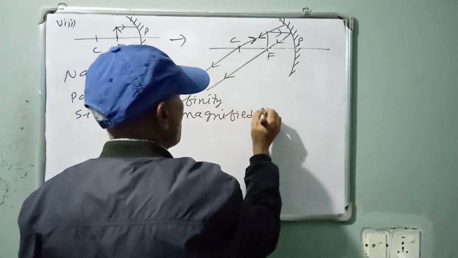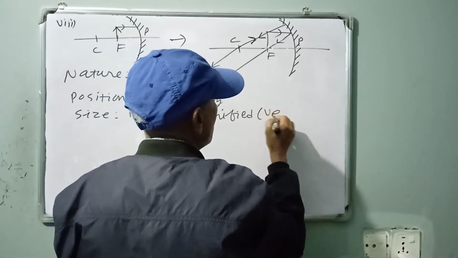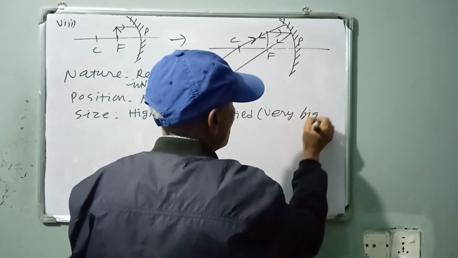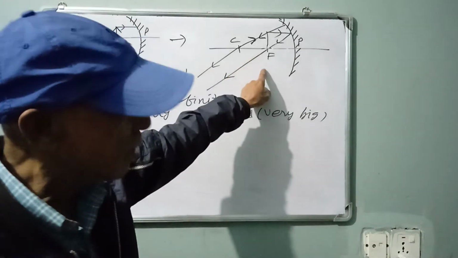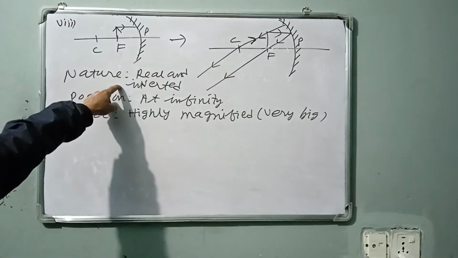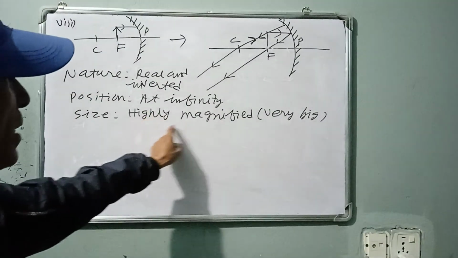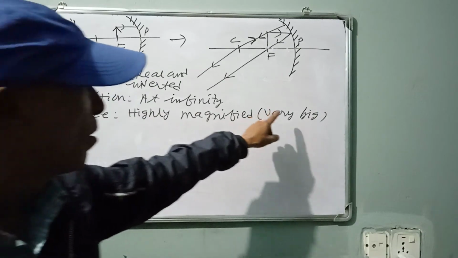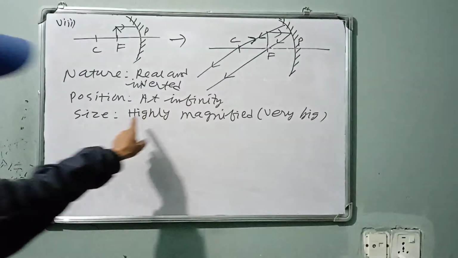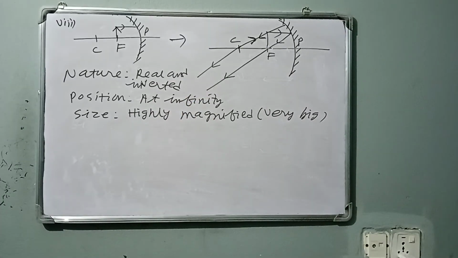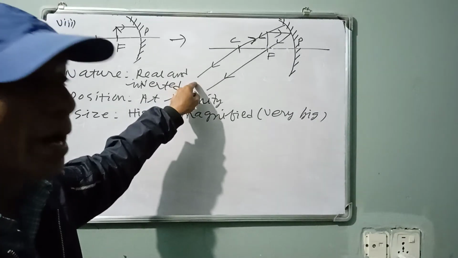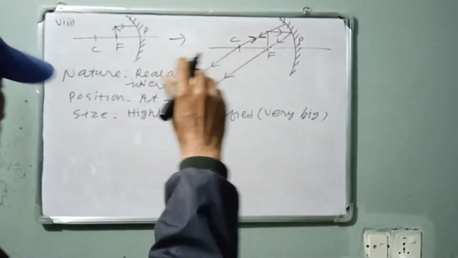Highly magnified meaning very big. How to write down the language? When an object is placed at the focus, a real, inverted and highly magnified or very big image is formed at infinity. The very big image is seen at infinity, very far away.